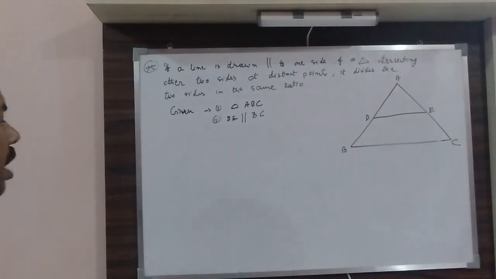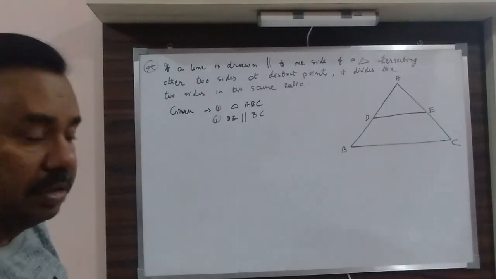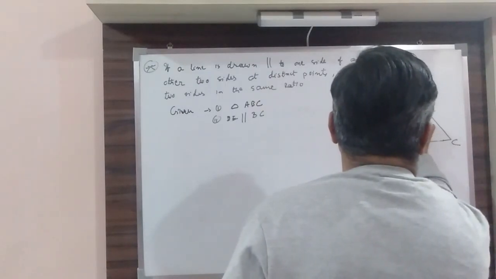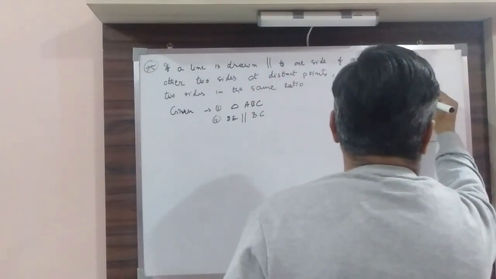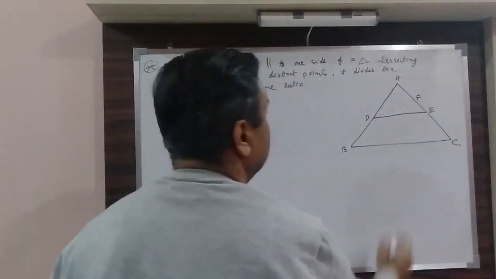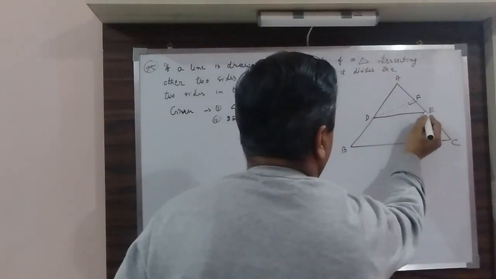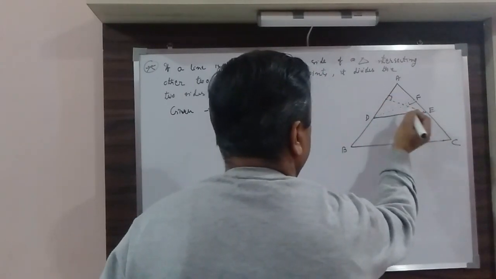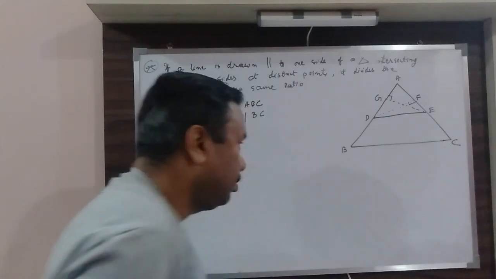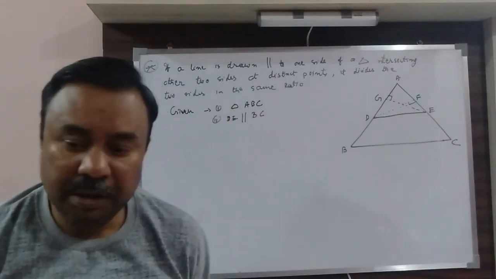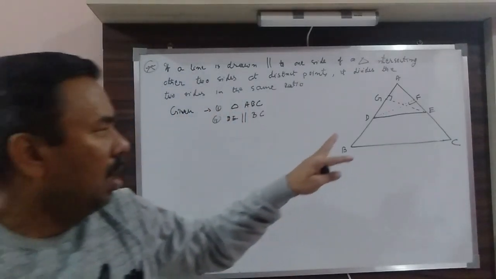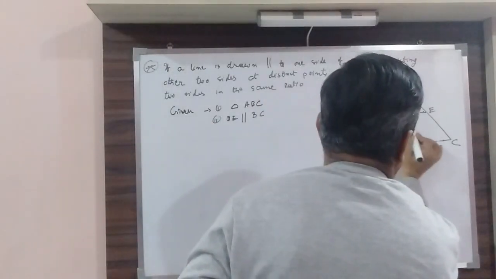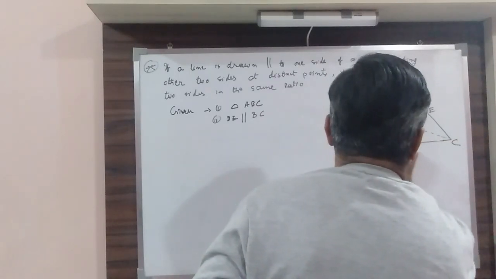Now you see what I will do here. I will make one perpendicular from D, let it be F, and another perpendicular from E, let it be G. Next, I will join DC and join BE.